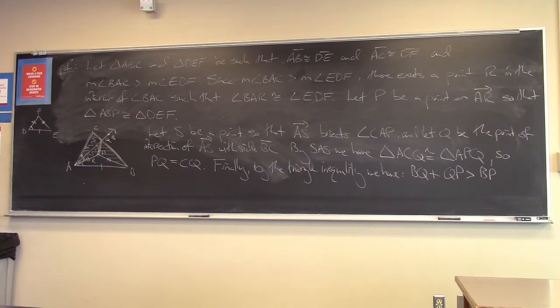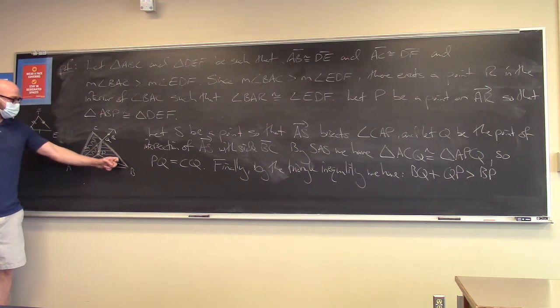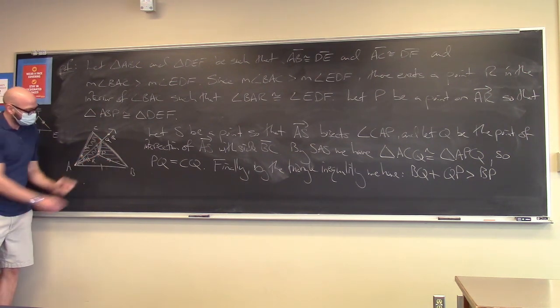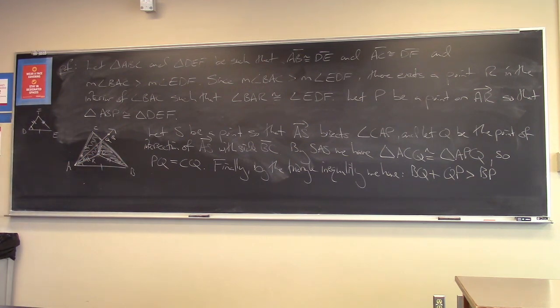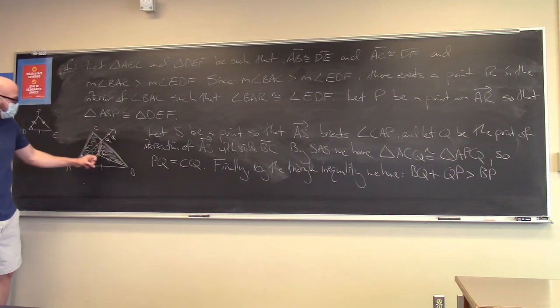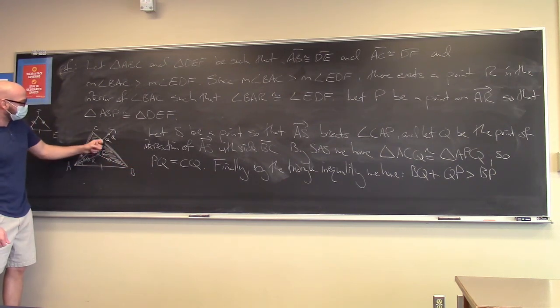Right, this is the triangle inequality from last time. It says the sum of any two sides of one triangle is longer than the third side. So all I'm doing is invoking the triangle inequality on this one right here. But we already showed I can do a substitution now. QP, I called it PQ already, but same thing. QP is the same as QC.